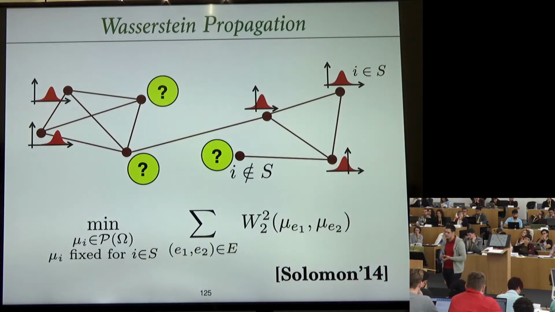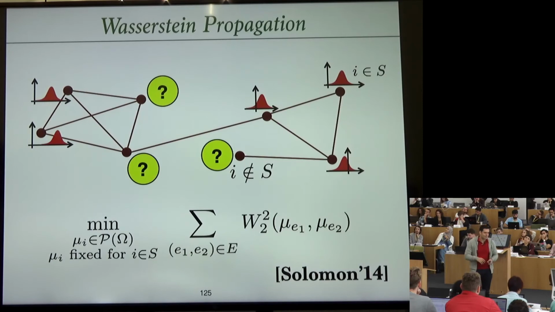One of the things that Justin proposed around that time, which is a nice generalization of this Barycenter concept, is to imagine you have a web of histograms, a web of probability distributions scattered all around, and for some of them you know the histograms, and for some of them you don't. For instance, you have a network connecting sensors, and each of them provides a temperature histogram or a wind direction histogram.